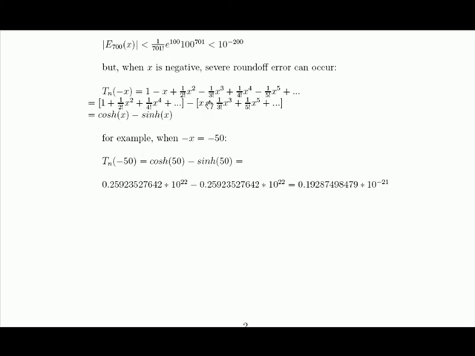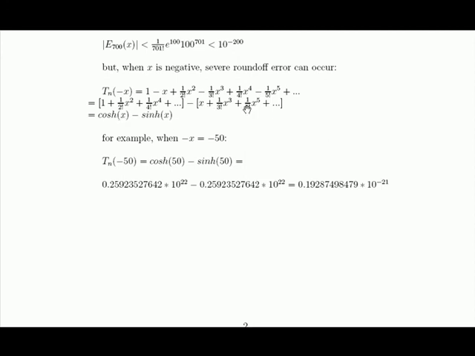Let's say when x is 50, so we're trying to calculate T of minus 50, then the even terms actually add up to a very large number. In fact, you may recognize this is exactly the Taylor series for the hyperbolic cosine of x. The odd terms also add up to a very large number, and you may recognize that as the hyperbolic sine of x.